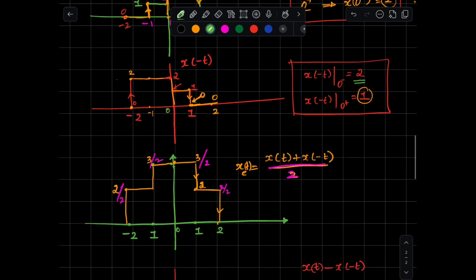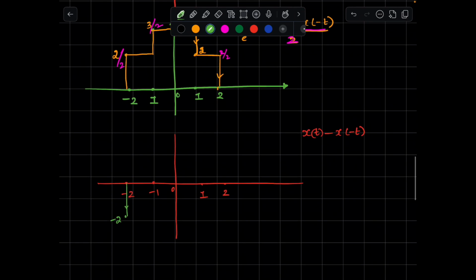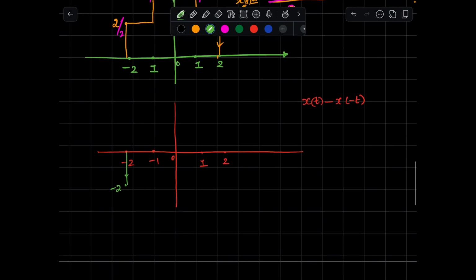Next we will see what happens, because there is a change in the first signal and there is no change here. In the first signal, the amplitude becomes 1. So 1 minus 2 is minus 1. So the amplitude has changed to minus 1. I will make it a little bit larger.